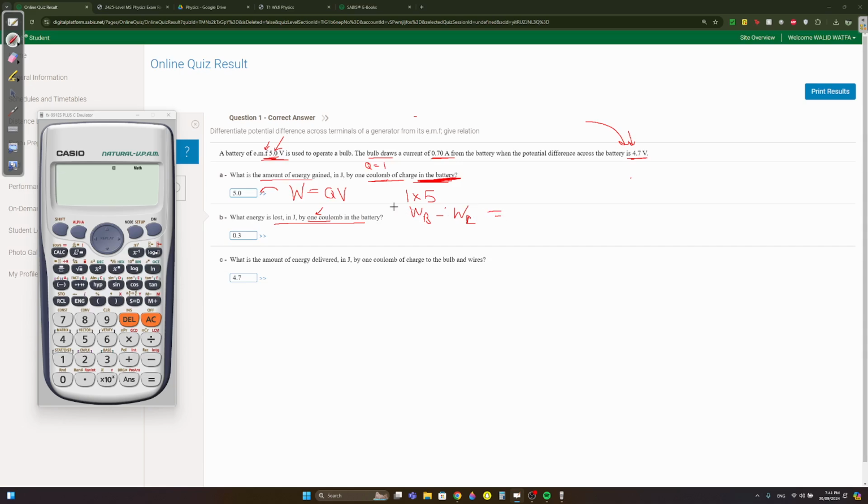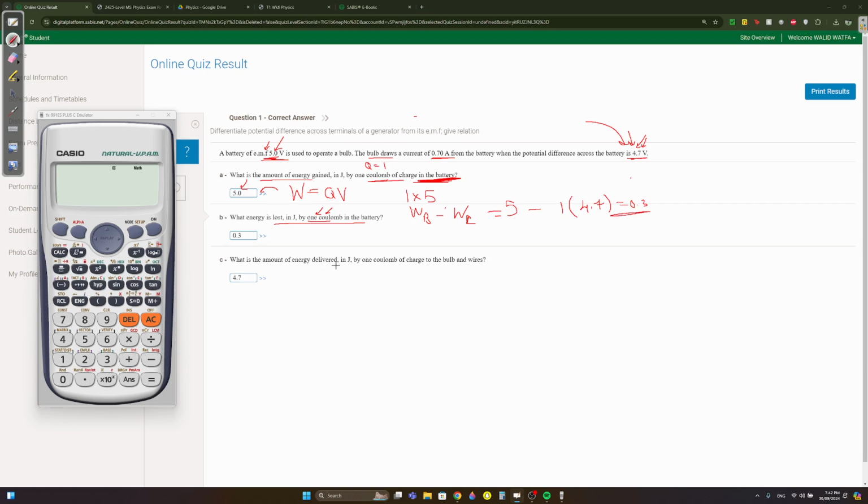The work of the battery, we found it's 5, minus the work of the lamp. W equals QV. It's 1 coulomb. So 1 times the voltage 4.7. You get 0.3. This is the correct way to solve in case they say 2 coulombs, 3 coulombs, but they never say that. They always say 1 coulomb. Okay, 0.3. So this is how much was lost, right?